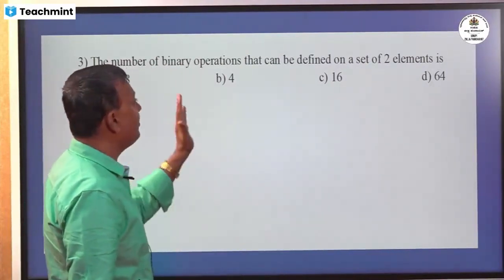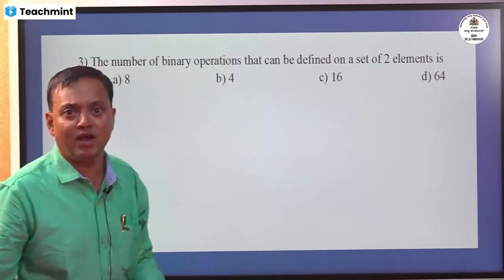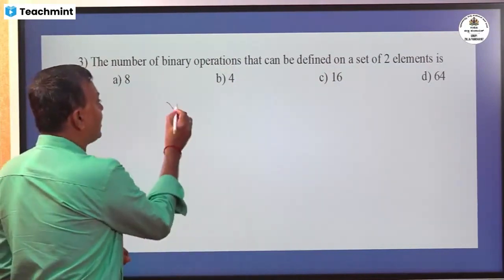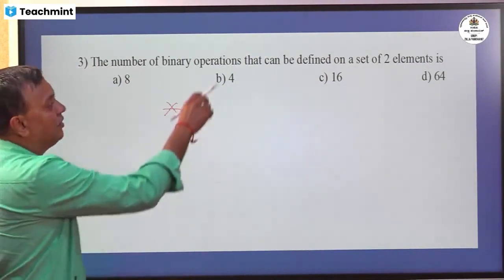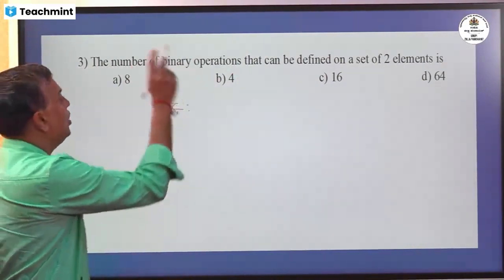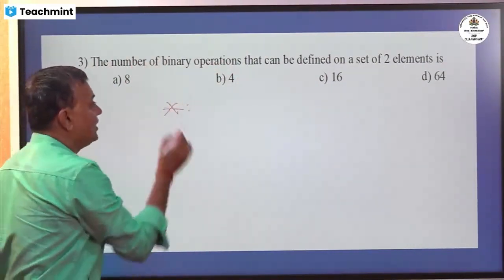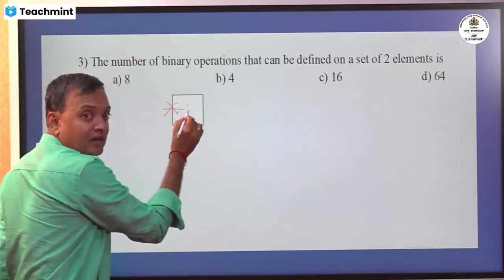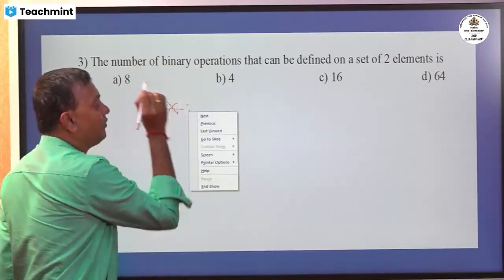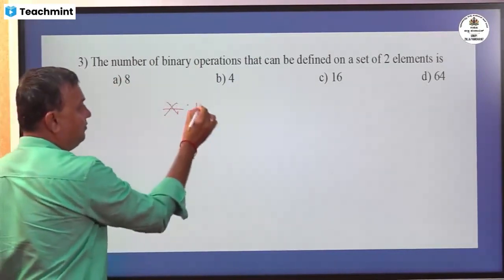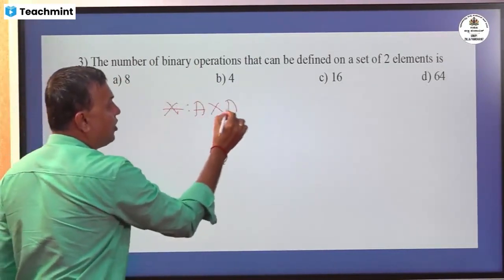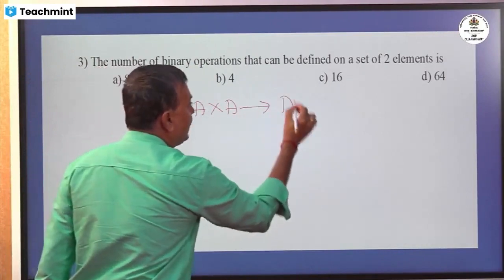What is meant by binary operations? When star is a binary operation on a non-empty set A, star is a function, correct? A binary operation is a function from A cross A to A, correct?